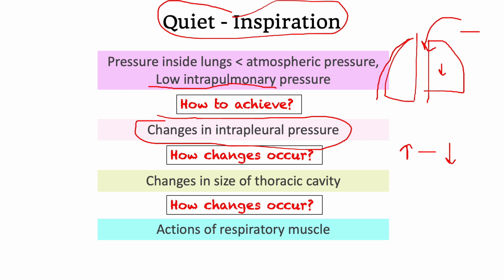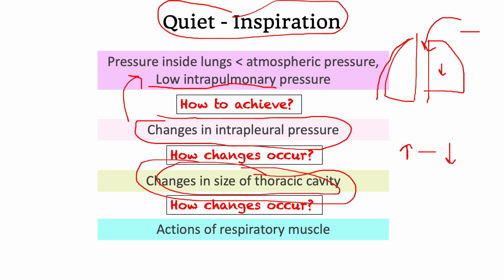And how are we going to change the intrapleural pressure? By changing the size of the thoracic cavity. If we change the size of the thoracic cavity, we achieve a change in the intrapleural pressure, and thus decrease the intrapulmonary pressure. So how are we going to change the size of our thoracic cavity?